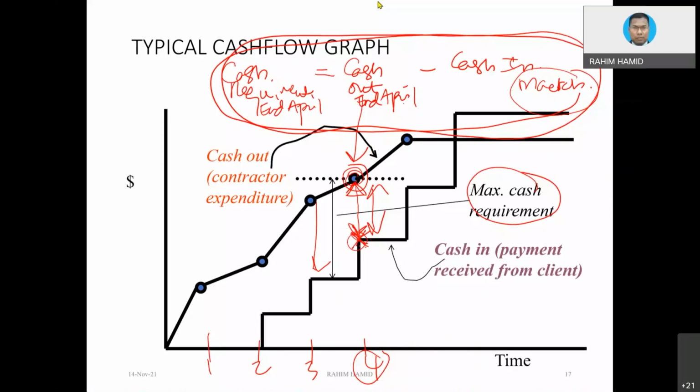Cuma duit yang disimpan tu nanti, klien tak akan sentuh apa-apa pun, sebab kontraktor tu dah repair guna duit dia sendiri. Jadi nanti di hujung, katakanlah di final account, kontraktor tu akan dapat the whole amount retention fund yang klien save tadi. Itu satu senario yang sepatutnya lah.